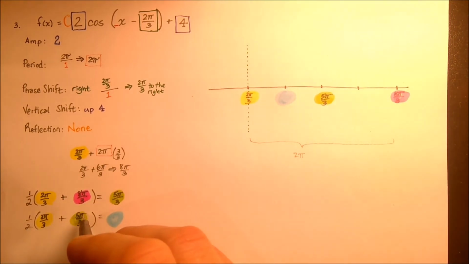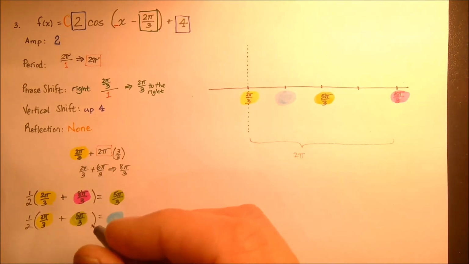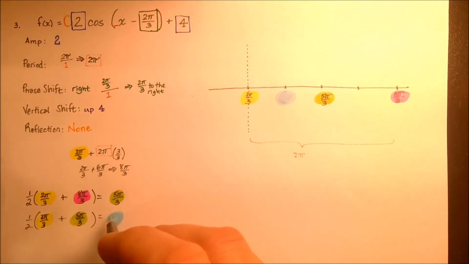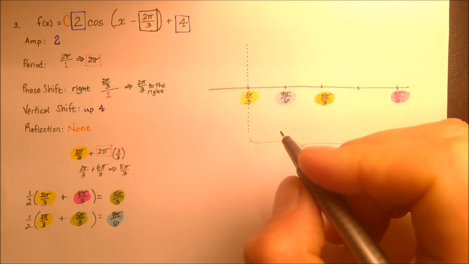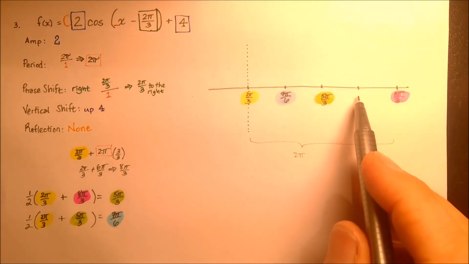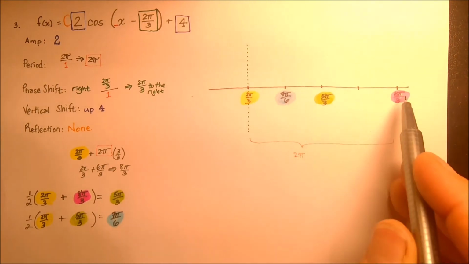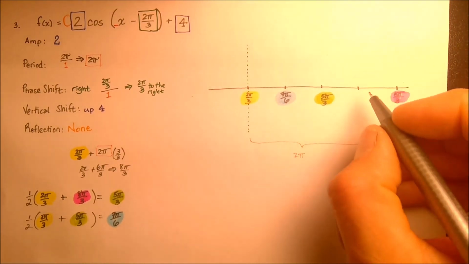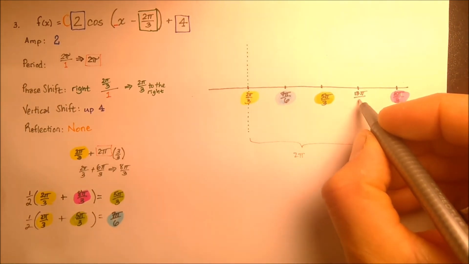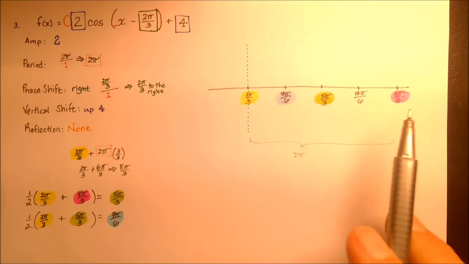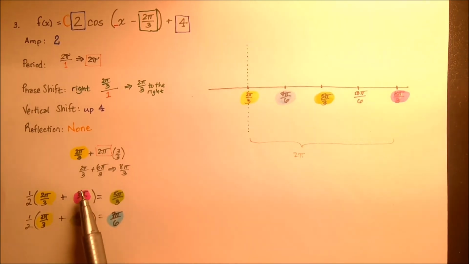So 2 plus 5 is 7. Can't take half of 7, it gives me a decimal. So I'm going to double the bottom instead. So I get 7 pi over 6. And I'm going to do a similar thing to get this one. 5 and 8 is 13. Doesn't cleanly divide by 2, so I'm going to double the bottom. There we go. Again, I didn't show the work for this one, but it's the same process as I did here.